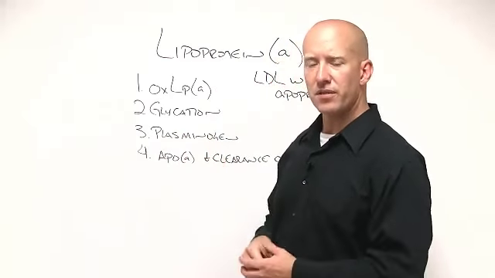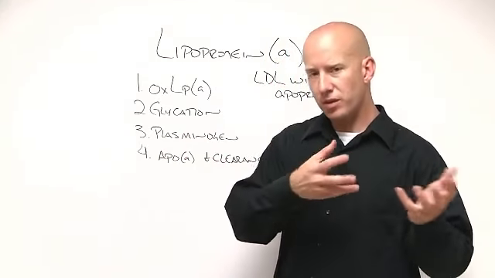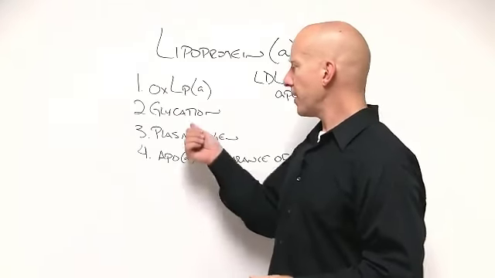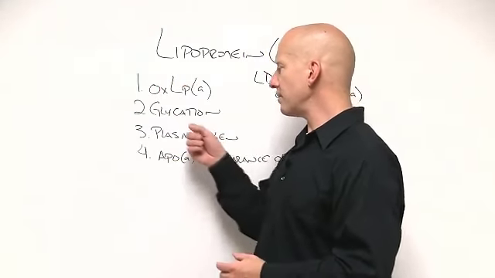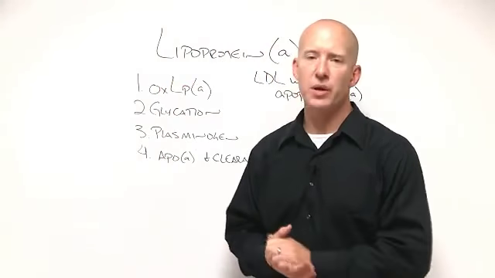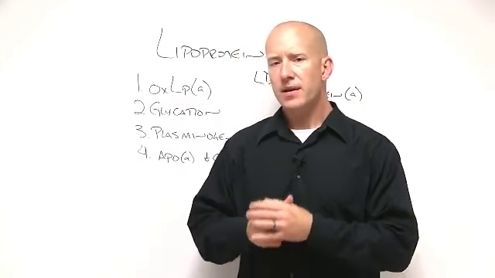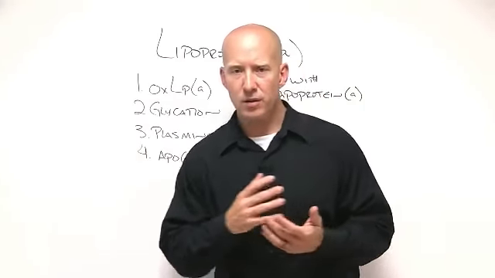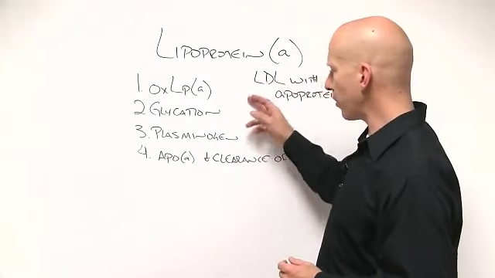Hemoglobin A1C, for example, is glycated or glycosylated hemoglobin, which has a protein component in it. Lipoprotein a has a protein component, and it seems that it may be glycated more readily, which would also help explain why individuals with elevations in lipoprotein a seem to also have a familial or family history of diabetes. So that's another genetic component.